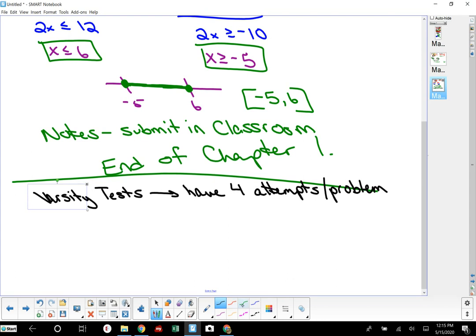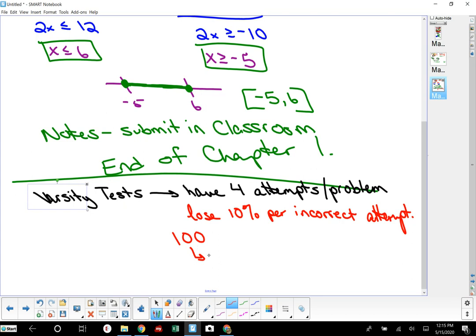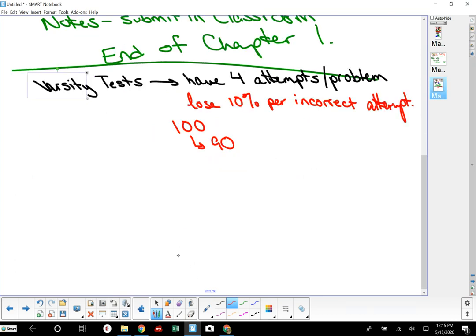You will lose, and this will happen no matter what, 10% per incorrect attempt. Okay, so what that means is you start out with 100%. If you have to do it again and you get it right, you earn a 90 or a 0.9, right? So this is a 1, this is a 0.9. If you do it again, you would earn a 0.8, which is an 80. If you do it again, you can earn a 70, which is a 0.7.